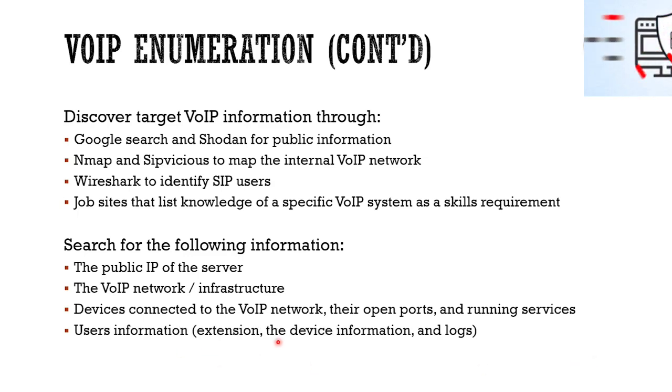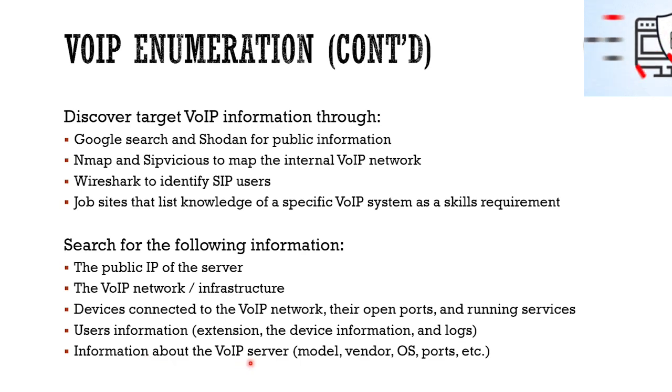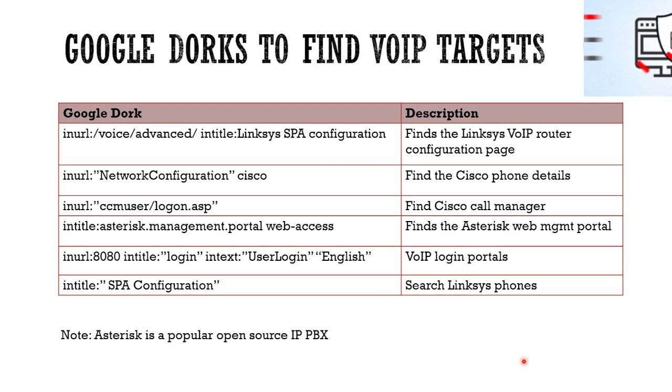You can do some Google dorking to find VoIP targets on the internet. So here are some of the dorks. Looking for Linksys or Cisco, or find Cisco Call Manager, which we used to call it, well, I guess we now call it Unified Communications, but it's the voice and multimedia management system for Cisco phones.